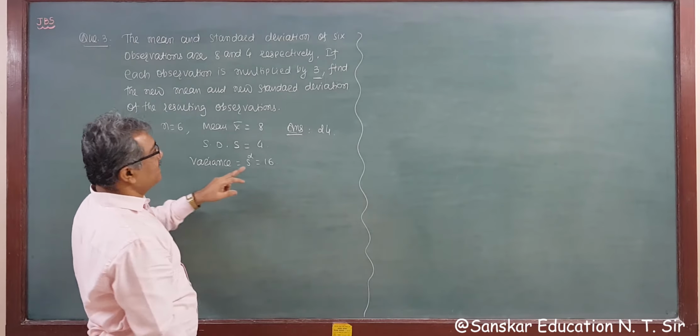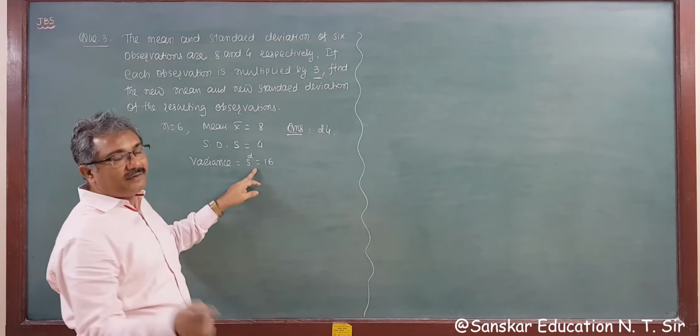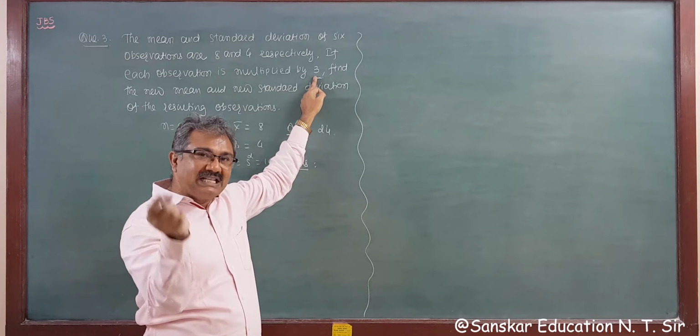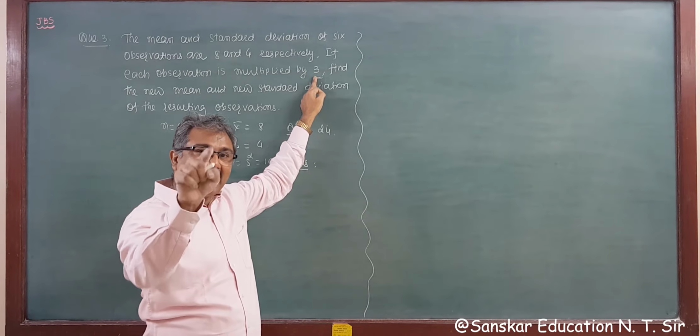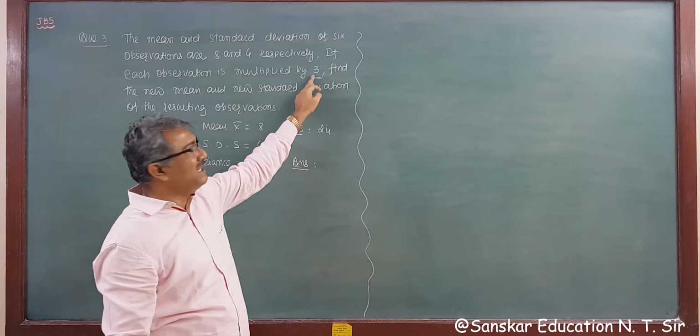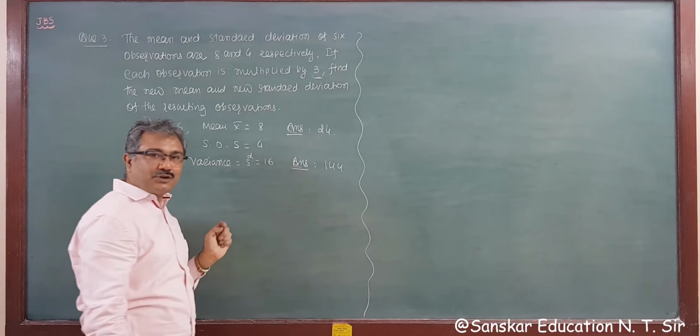First we are finding the variance. If multiplied by k, then the new variance will be k square times the old one. K square means 9 and the old one is 16. 16 nines are 144. So this is your variance.